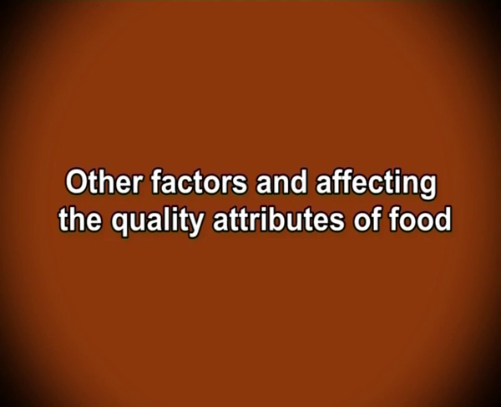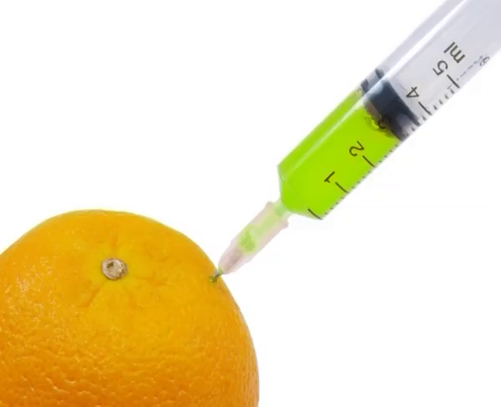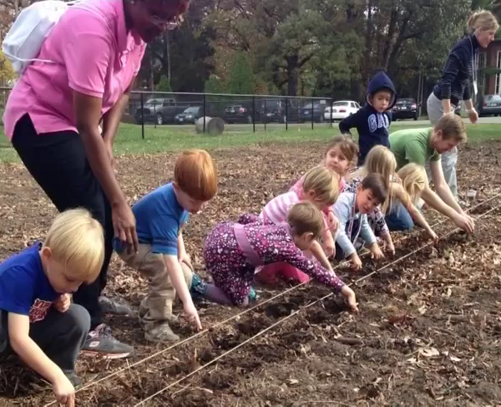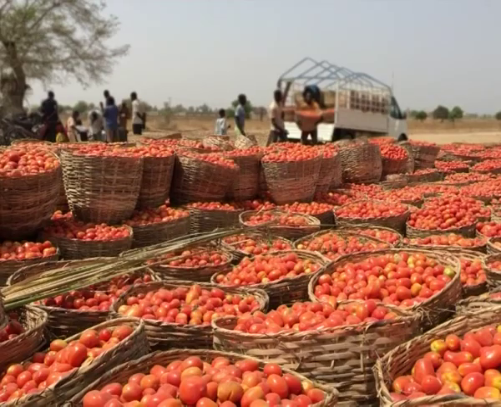Other factors affecting the quality attributes of food. The initial quality of any food item is governed by certain factors. These are genetics or origin of the food, pre-harvest environment, harvesting practices and post-harvest handling. Specific recommended cultivars for one area of the country or even within the state may not apply to another area.